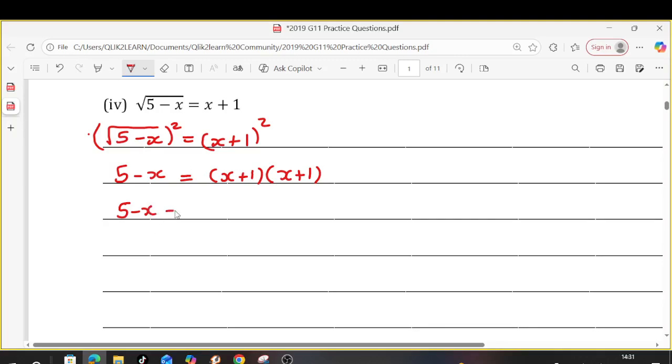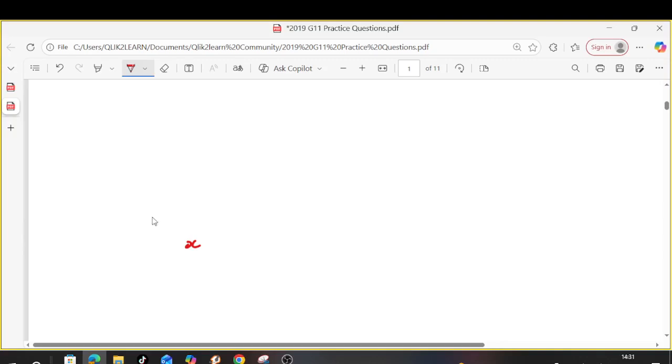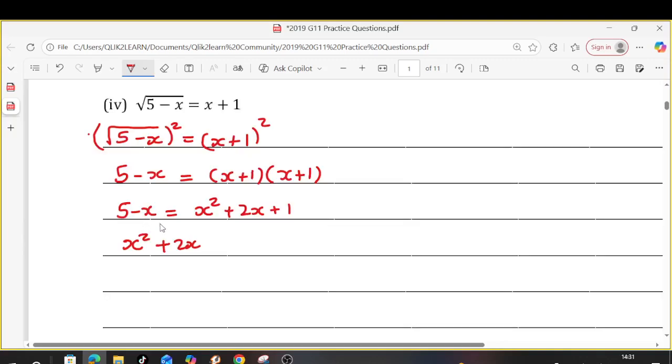So this will be x equated to what? We said this will be x squared plus 2x plus 1, because we added the like terms. So now I'm just going to put everything on one side and say this is x squared plus 2x. The negative x will go to the other side to be positive. This will be plus x.